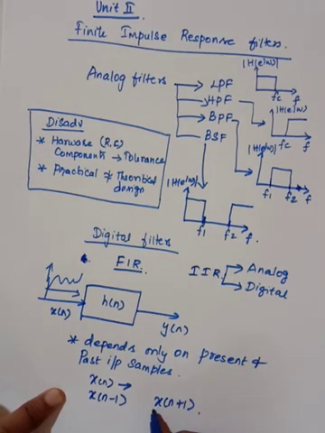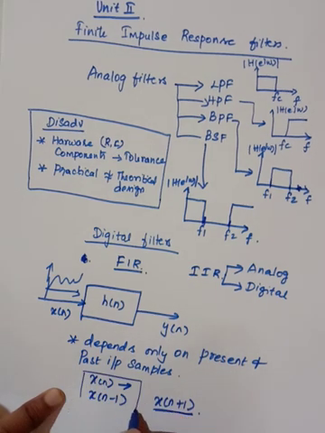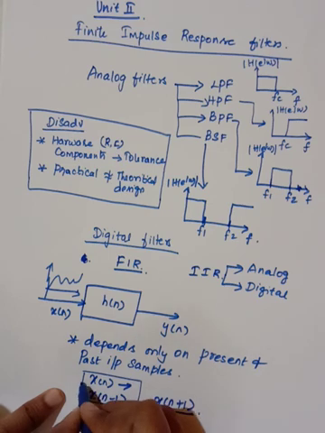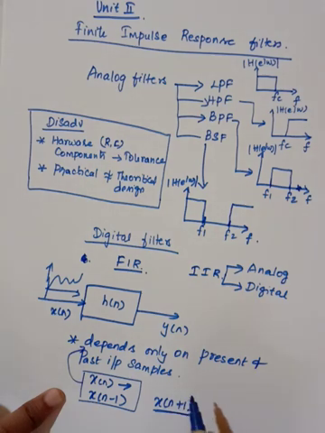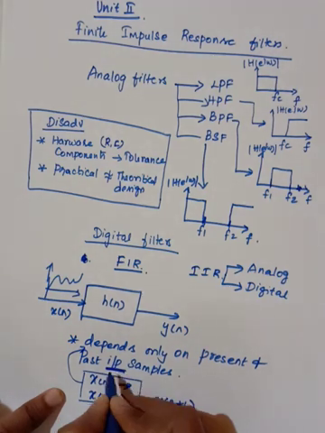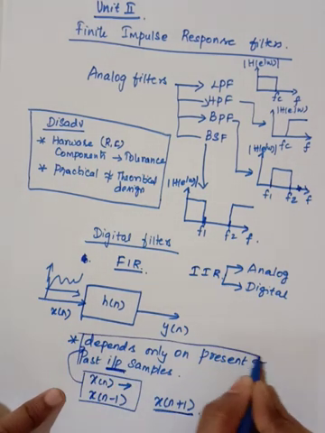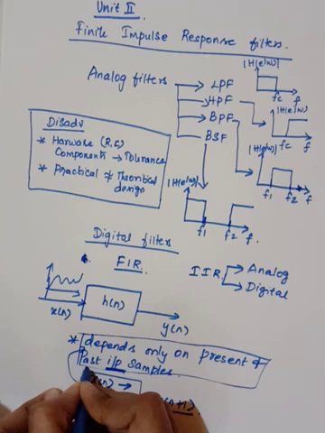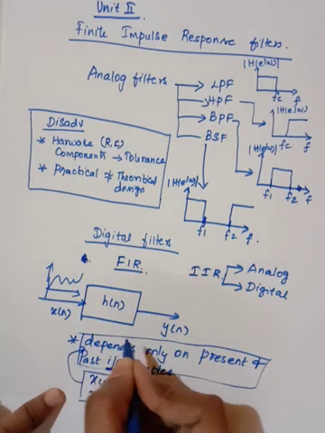Normally in real time we may not consider the future value, so we will discuss only the present and the previous values. The FIR filter depends only on the present and past input samples. This is the criterion we have to choose while designing an FIR filter.